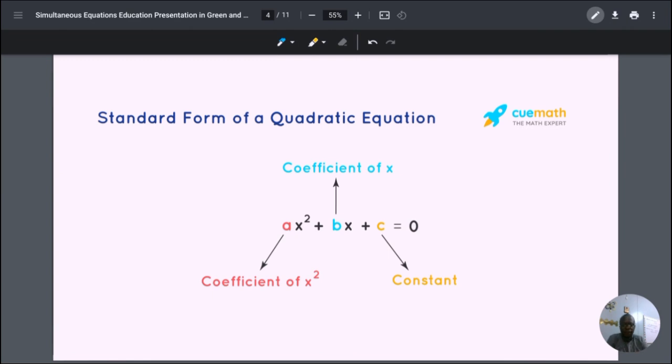So the standard form, like I told you, is this, where a is the coefficient, the number before x squared, b is the coefficient of x here, and c is a constant. It does not have any x's or variables. There's no variable there at all.